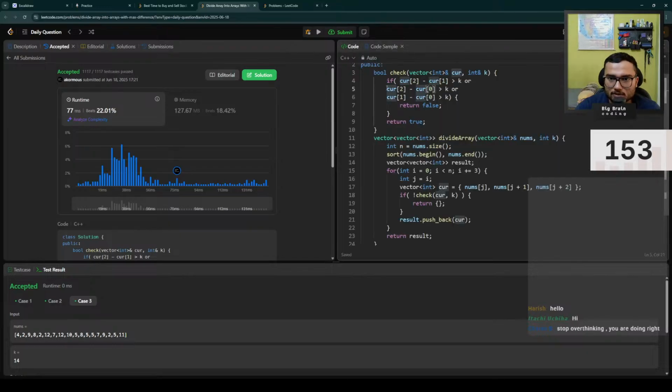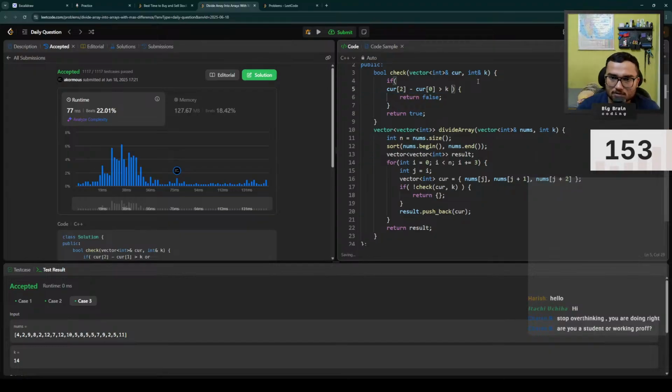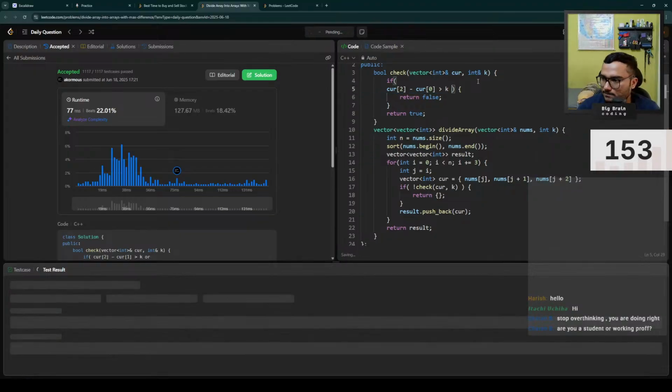Yeah, I mean, we can just check this because if this is less than or equal to k, then yep, makes sense. So we can remove these two conditions here, and it might be faster.